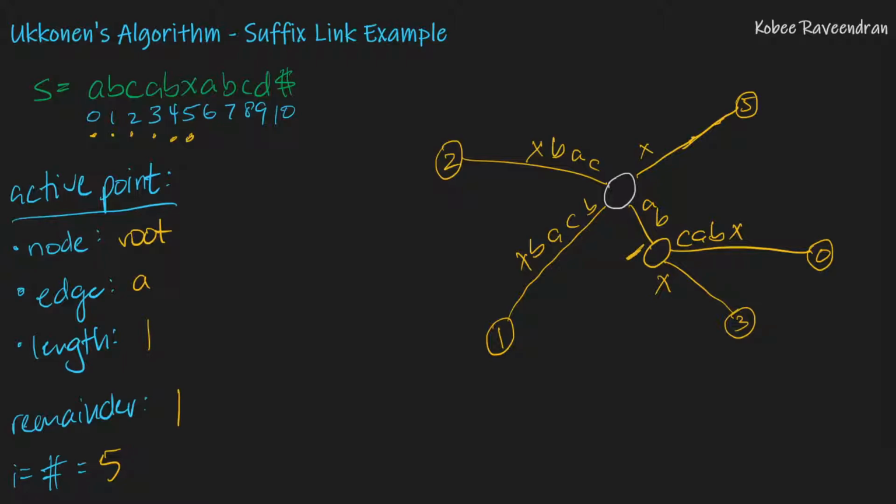The old active edge was A, and now I'll set it to be B, which is the next character. And so that tells me that now my new active point is right here after the B. So now again, I notice that the X does not match the next character on this edge, which is a C, so I need to make a branch.